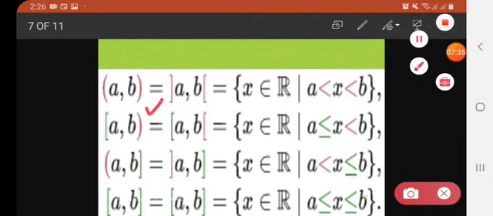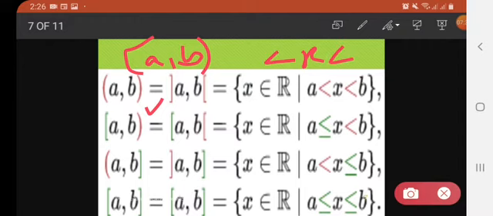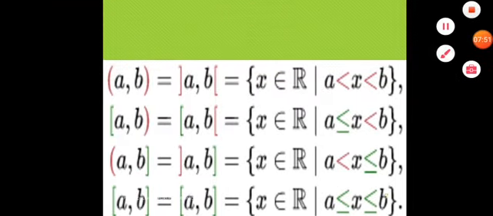Look at the second example, a closed and b open, meaning as this is closed, I'm going to use the equality sign over here, and this would not be equal, like this. Check it out. Okay, look at the third one, which means a open, b closed, so I'll be writing it as a < x ≤ b. You can see equality is with b. So that's how you're going to do this, and this will be used in question number 4.